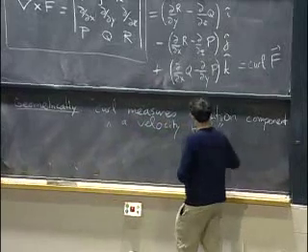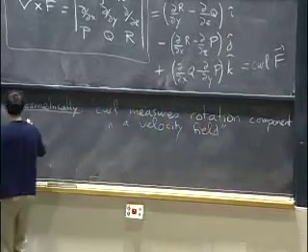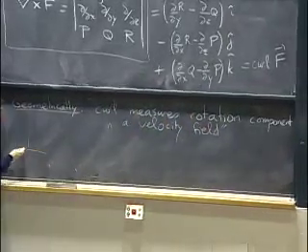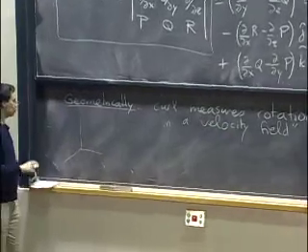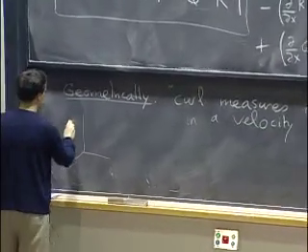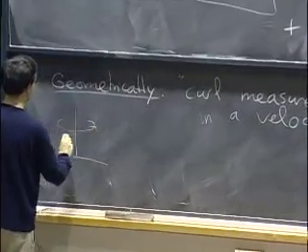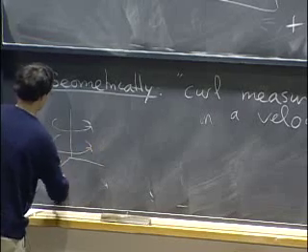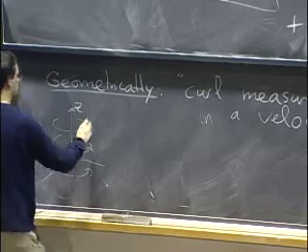An exercise that you can do, it's actually pretty easy to check: say that we have a fluid that's just rotating about the z-axis uniformly. Okay, so your fluid is just rotating like that about the z-axis.